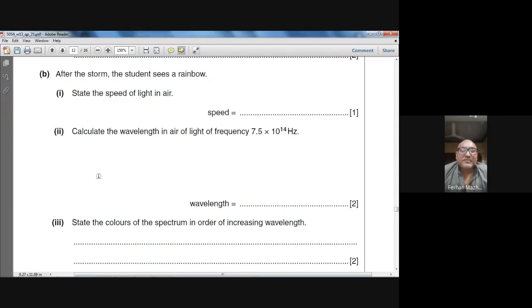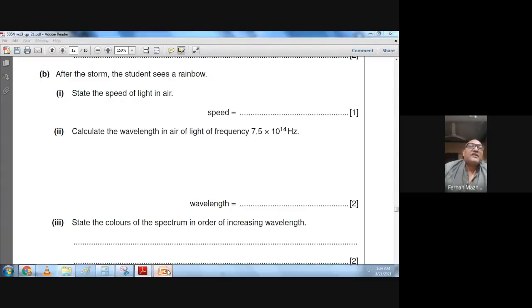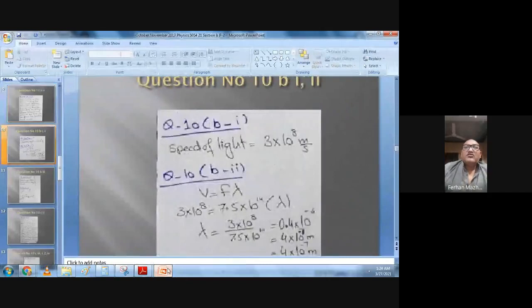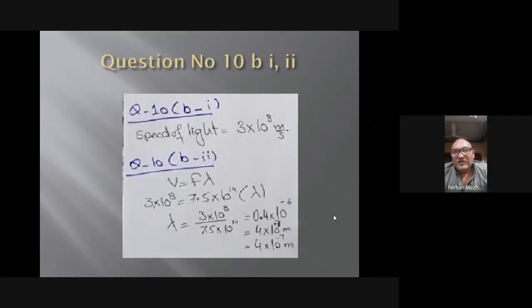The method is very simple. You know, v = fλ. So apply that equation. I've done this on paper. Let me increase the size so you can see this. So the speed of light is 3 x 10^8 meters per second, and v = fλ. So 3 x 10^8 = 7.5 x 10^14 × λ.